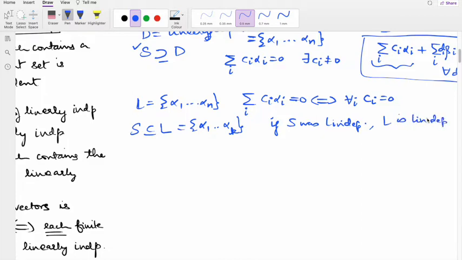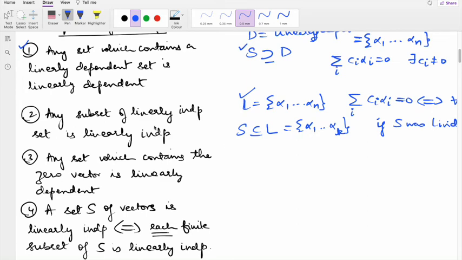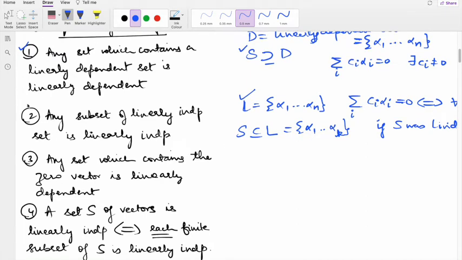But we said that L is linearly independent. Therefore this property holds true: any subset of a linearly independent set is going to be a linearly independent set.